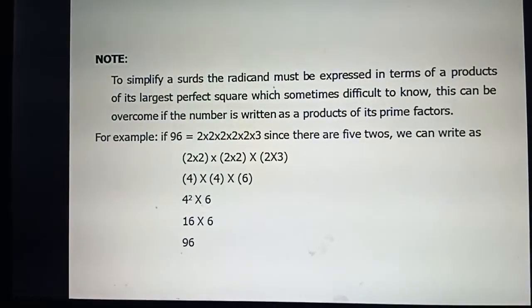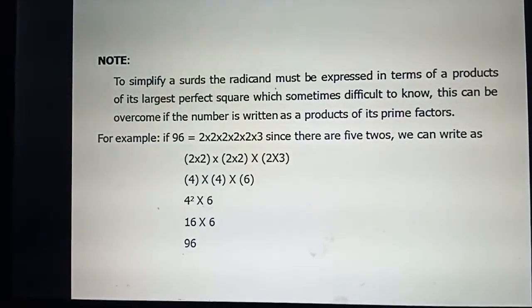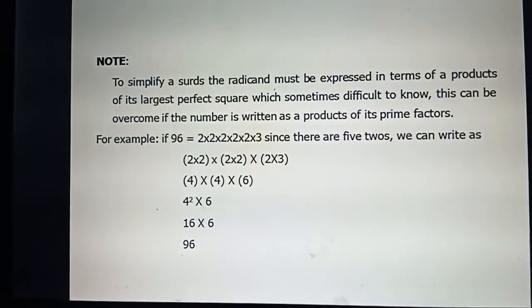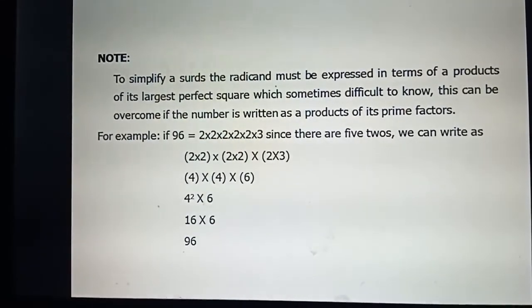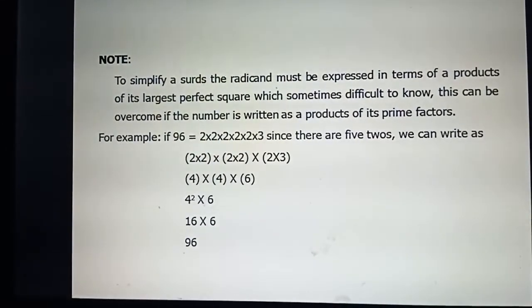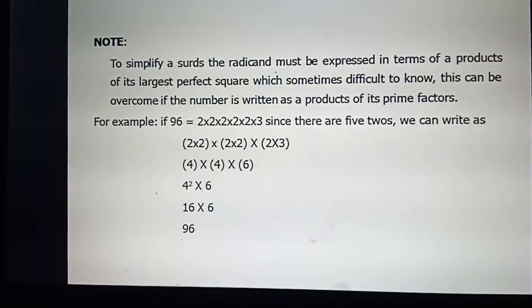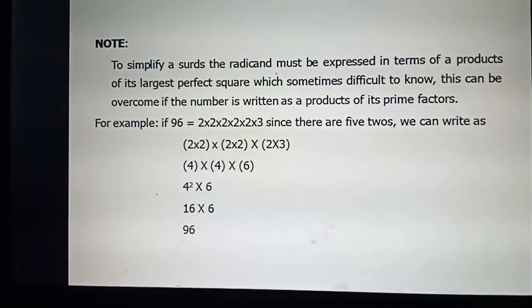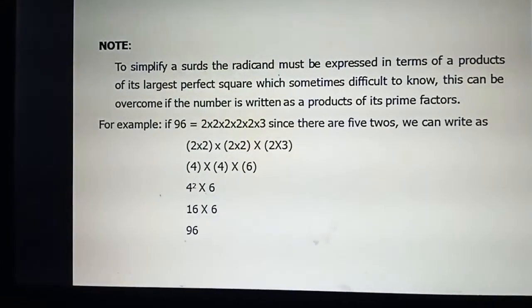Since there are five 2s, we can write it as 2 times 2 in brackets, times 2 times 2 in brackets, times 2 times 3. It will give you what? 2 times 2, 4. 2 times 2, 4. Then 2 times 3 will give you 6. 4 times 4, 16. But you can take it as 4 squared, which is the same thing as what? 16. Then 16 times 6 will definitely give you 96. You see?